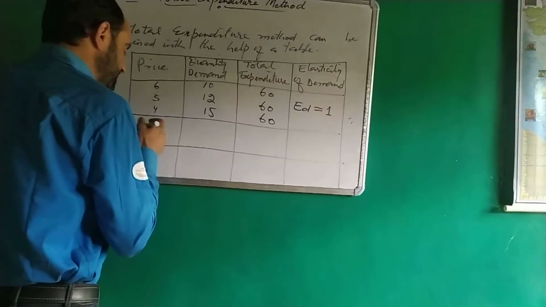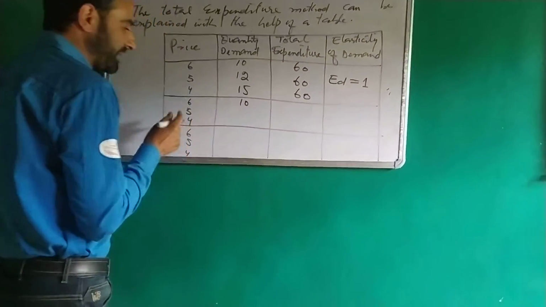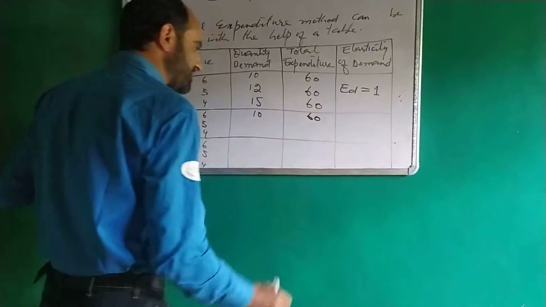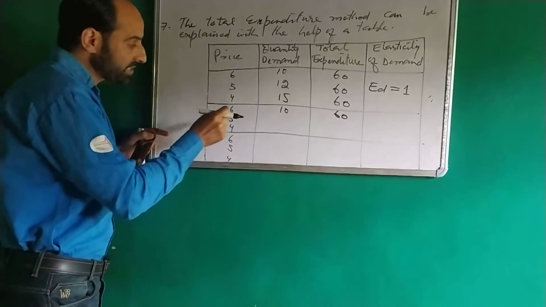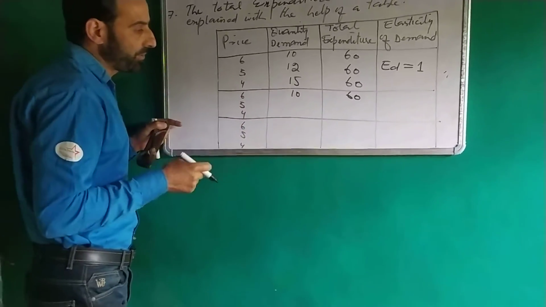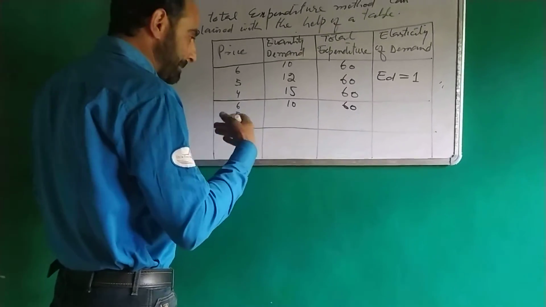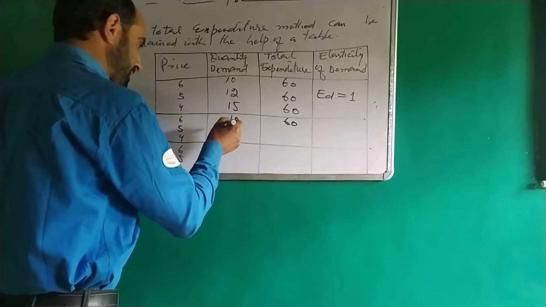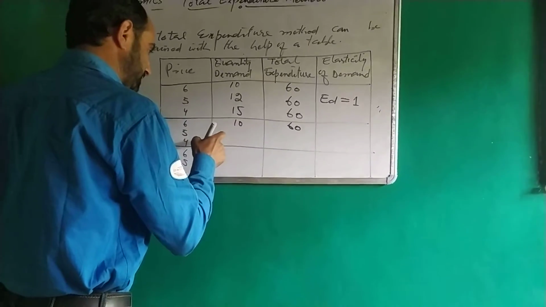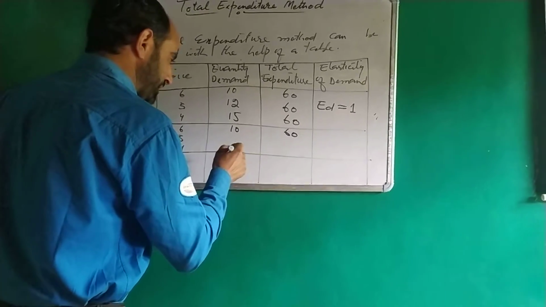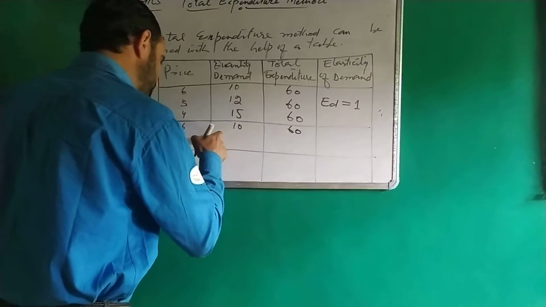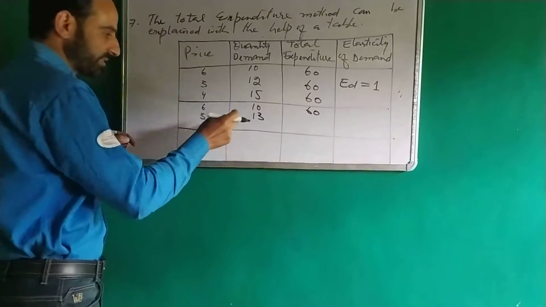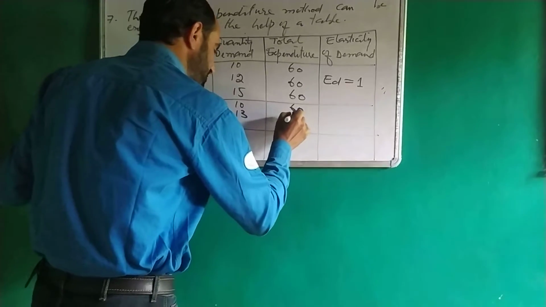Now another condition. Suppose price is 6 and quantity is 10. 6 tens are 60. When price decreases from 6 to 5, let demand increase from 10 to 13, say. 13 5s are 65.